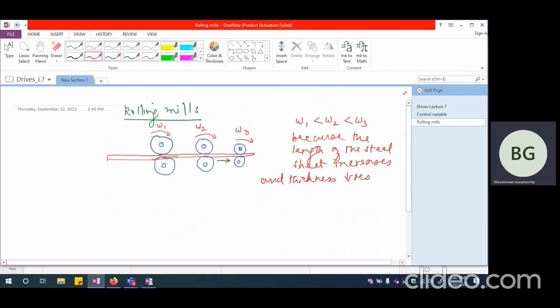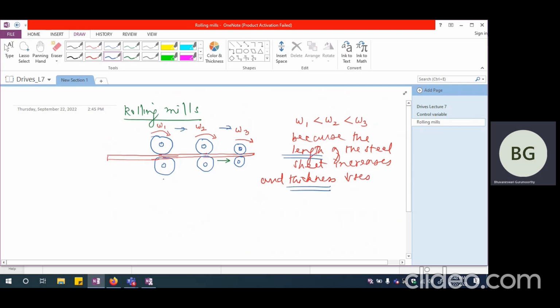So the same volume of steel is pushed through the consecutive rollers. So obviously, as the thickness decreases, the length increases. That is why the speed has to increase progressively from here to here.